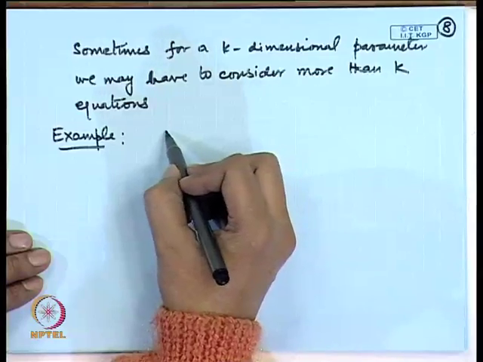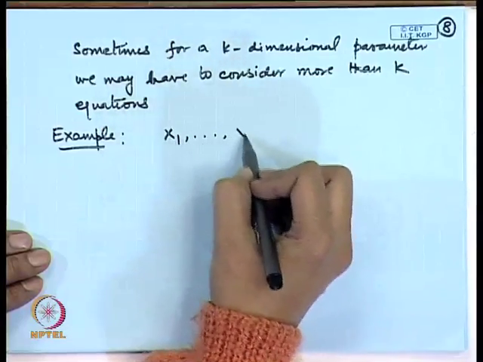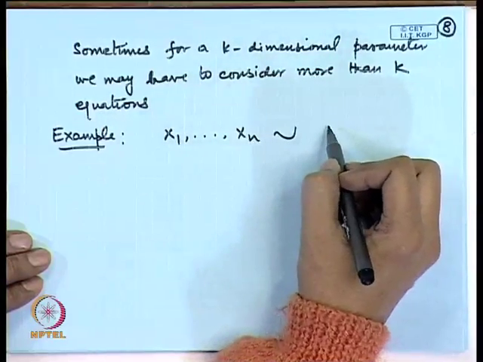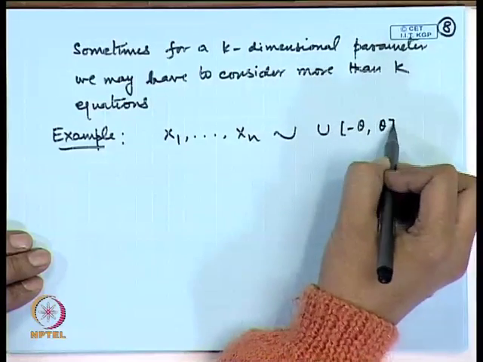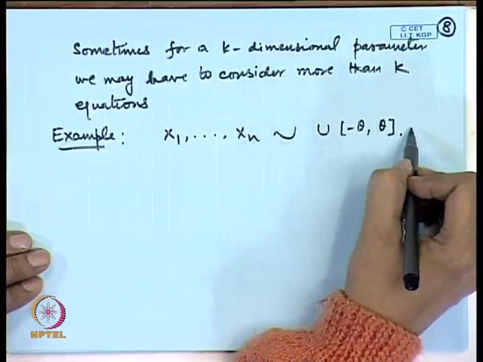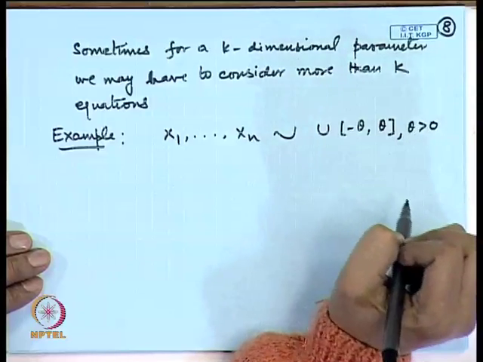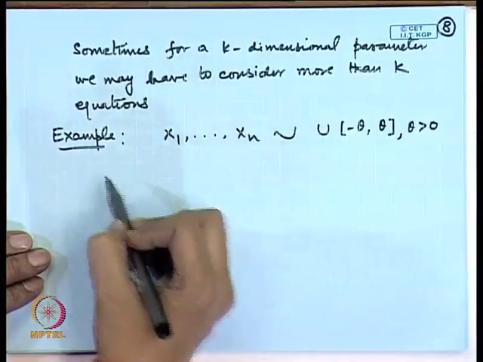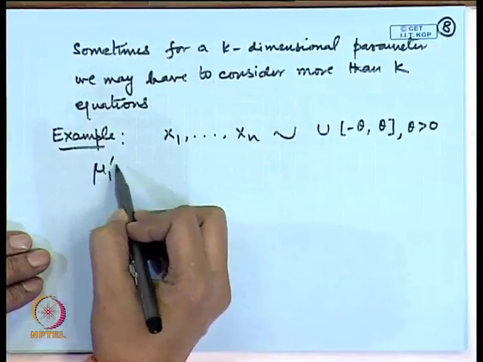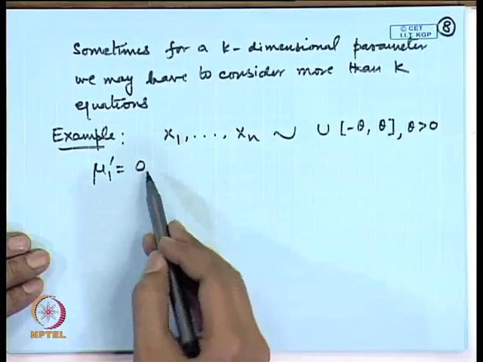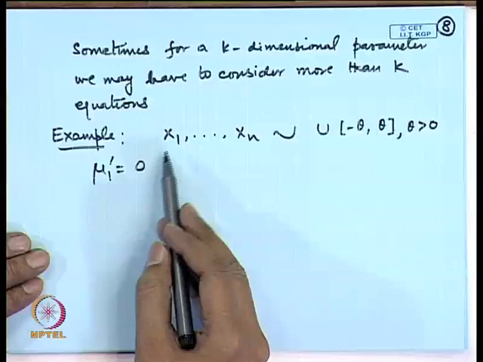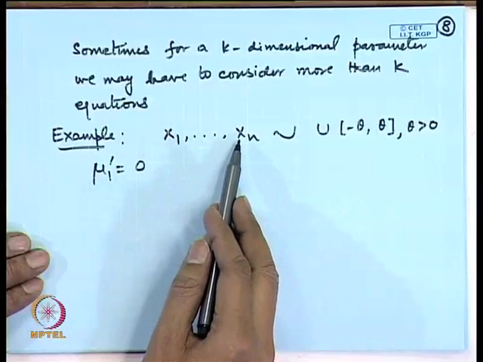Say x 1, x 2, x n follow a uniform distribution on the interval minus theta to theta, where theta is a positive number. Now, in this case let us see the first moment mu 1 prime is actually 0. So, this does not give any information about theta and therefore, how to estimate.